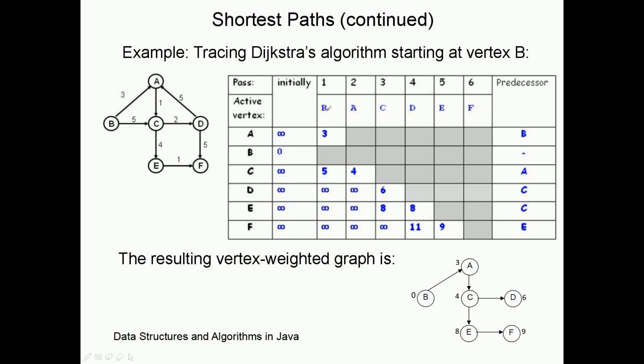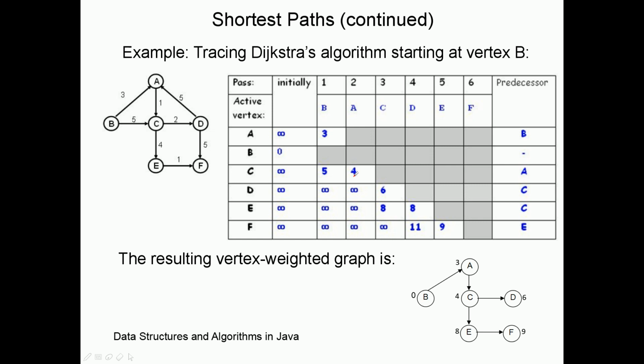I mean, this is the predecessor. It's not B. This B is the predecessor of A. This is the final one, but I think this is where it's coming from. When you go to C, the predecessor should be A, because it's the shortest one.